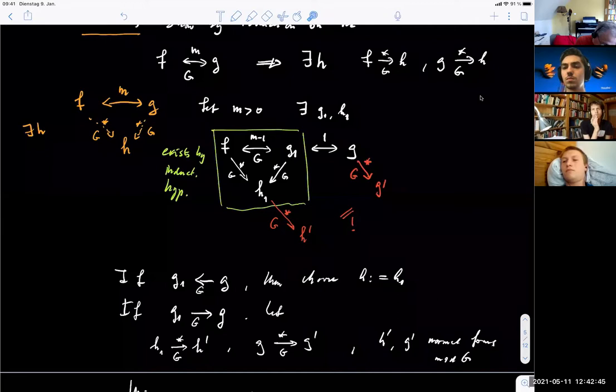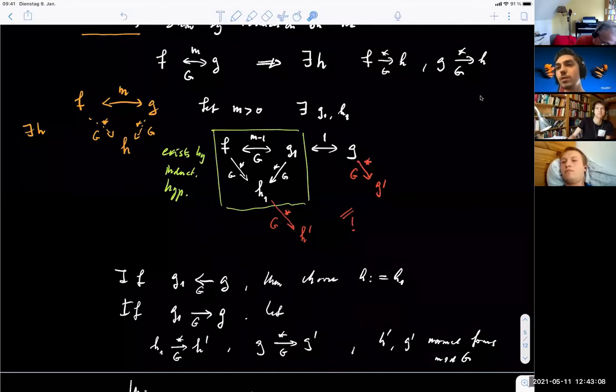I'm a bit confused now. Does anybody see the solution? Yes, I would start at G1, because from G1 we arrive at H prime and G prime via those reduction steps. And because it is unique for every polynomial, it has to be unique for G1.